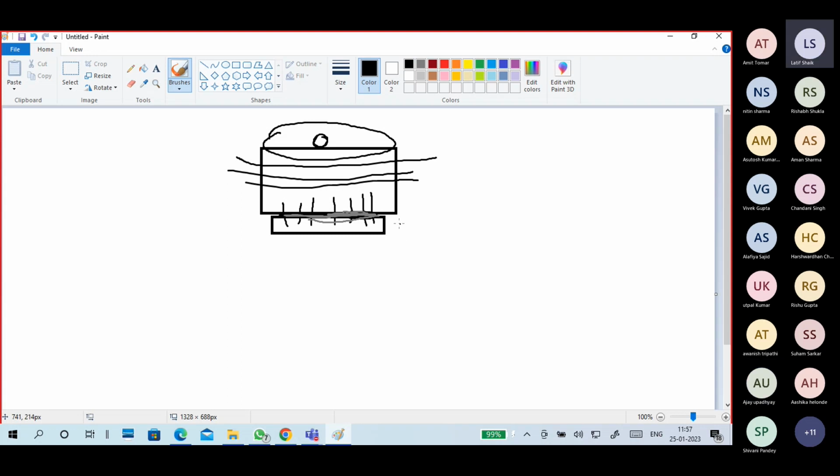Very good. So heat sink paste gives better absorption of heat. It gives full contact between the processor and the heat sink, so there is more absorption of heat from the processor to the heat sink.